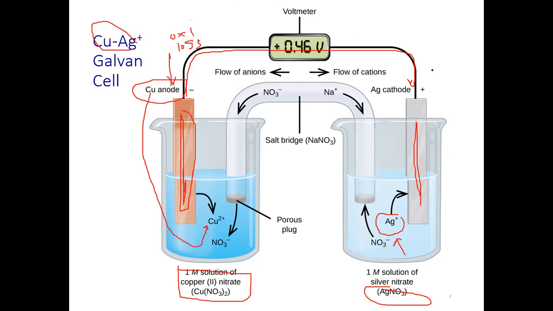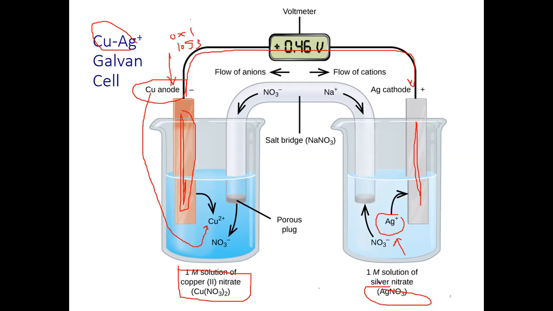In this course, what we see here is that our solution is 1 molar copper 2 nitrate, and this is 1 molar solution of silver nitrate. We have to keep the ratio of the cations and anions in the same concentration.